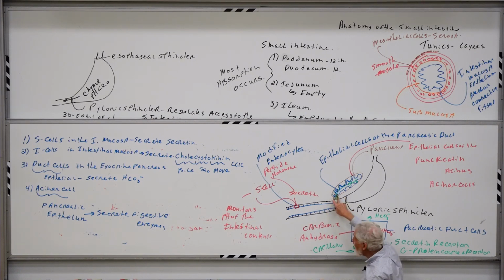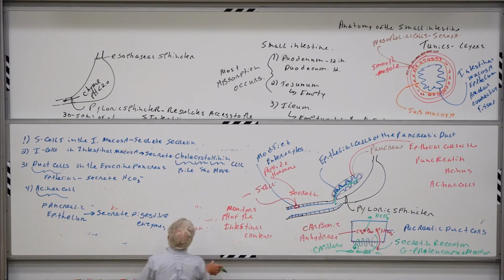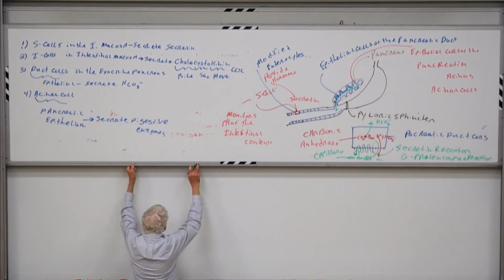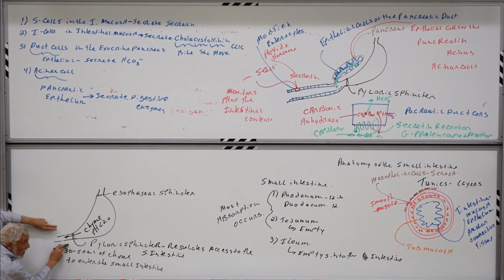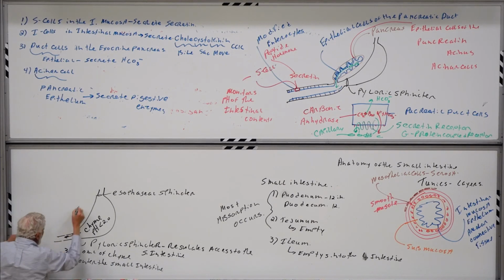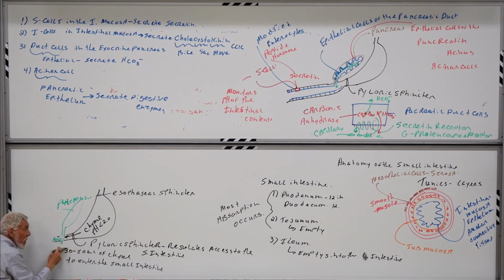And the opening of the common bile duct is very close to the pyloric sphincter. So now what we can do is that when the chyme comes into the small intestine, we can now, from the pancreas, release bicarbonate and take the pH of the intestinal contents from down around 2 or 3 back up to about 7.2 to 7.4.